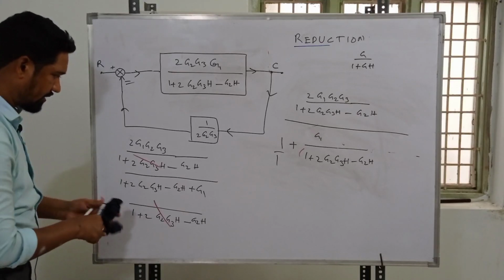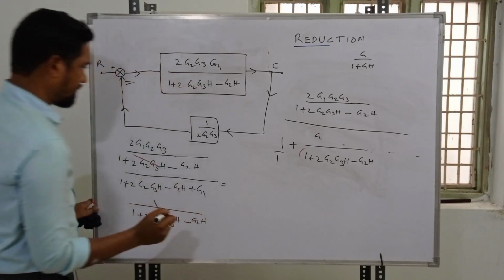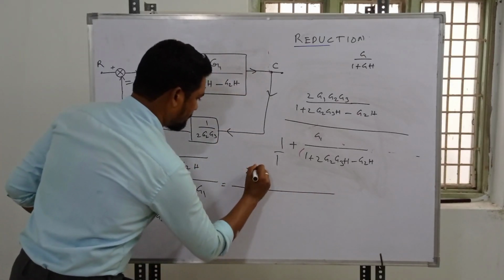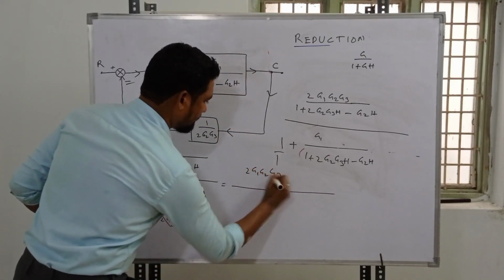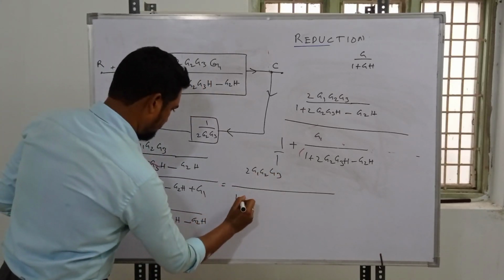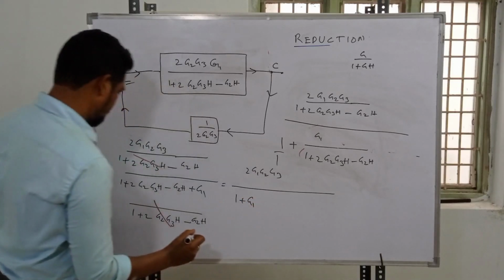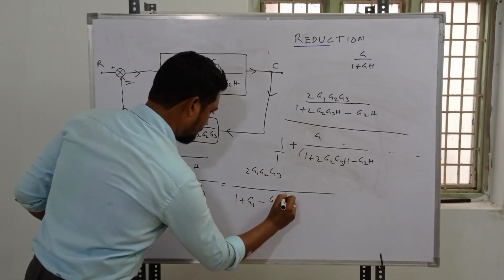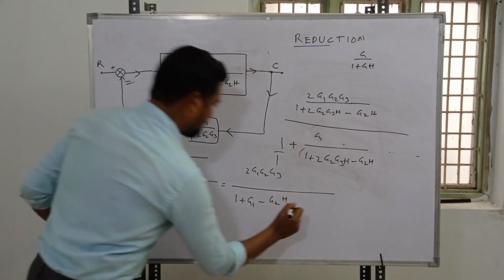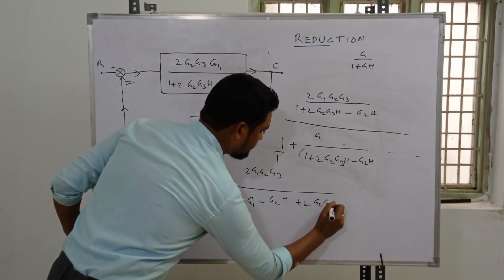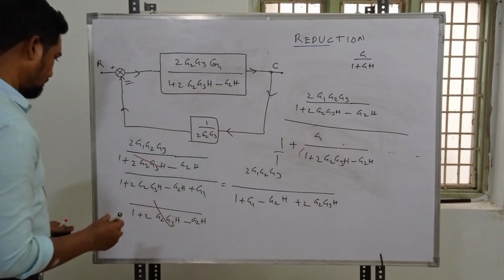Okay, now finally what we are left with is 2 times G1 G2 G3 upon this one, 1 plus G1 minus G2 into H plus 2 times G2 G3 into H, right?